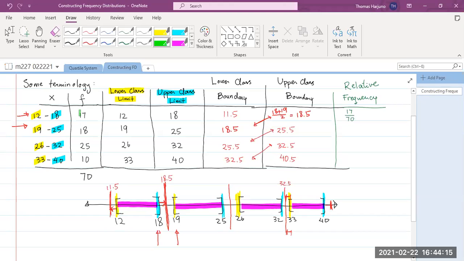It is usually expressed either in percentage or in decimal. However, in my class, I'm okay if you just leave them in fraction.